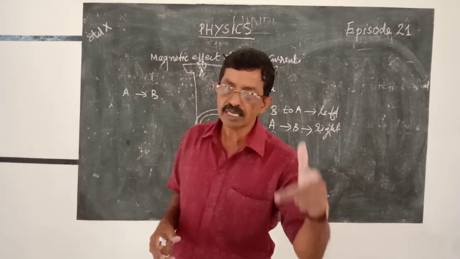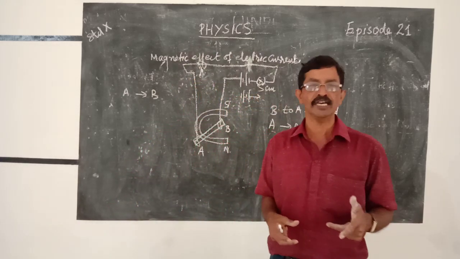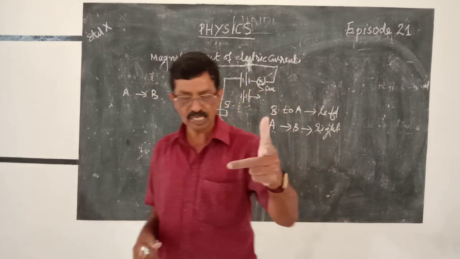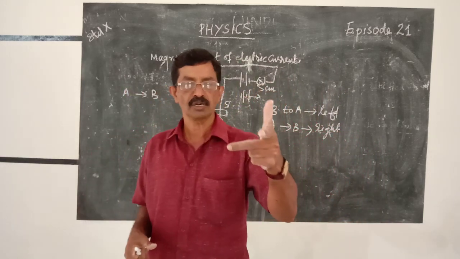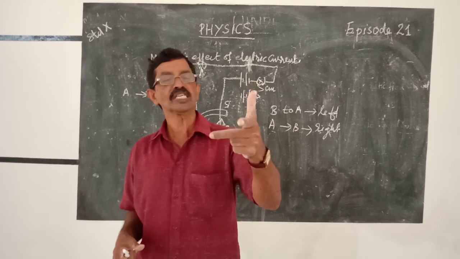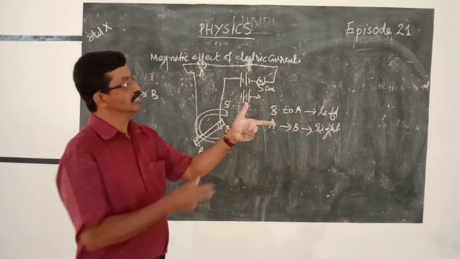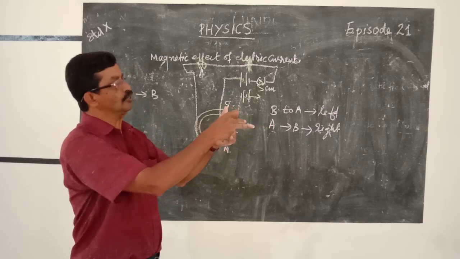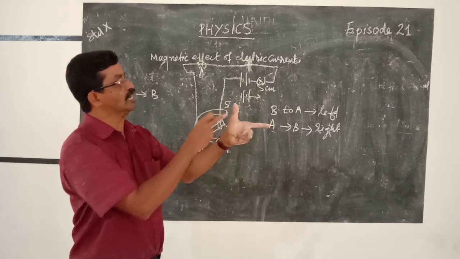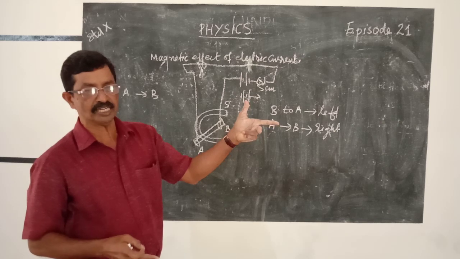and this directional force we can find out by using Fleming's left hand rule. What can we use? Fleming's left hand rule. That means in the left hand, the forefinger, middle finger and thumb are held in mutually perpendicular directions.